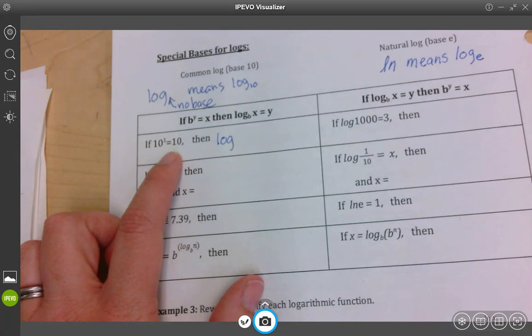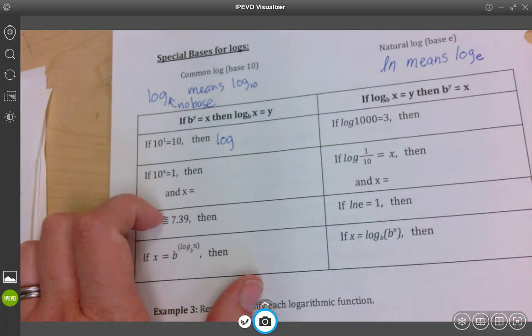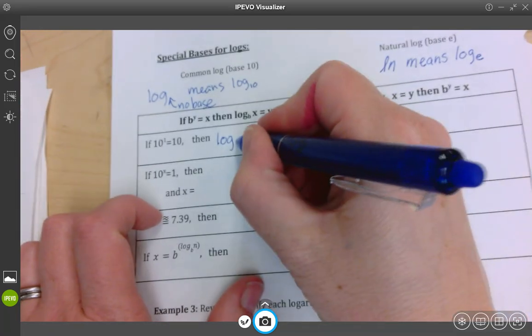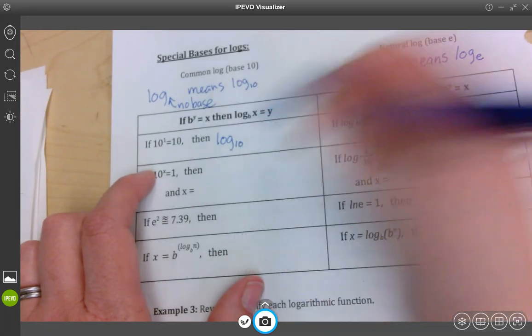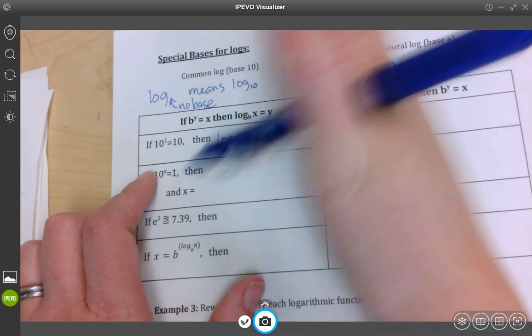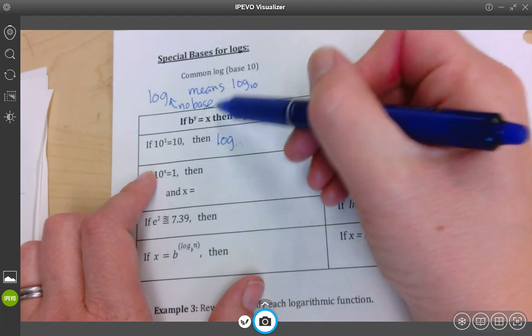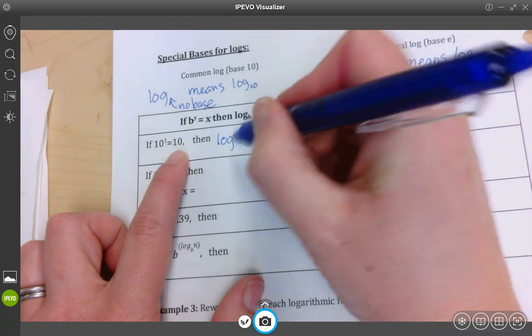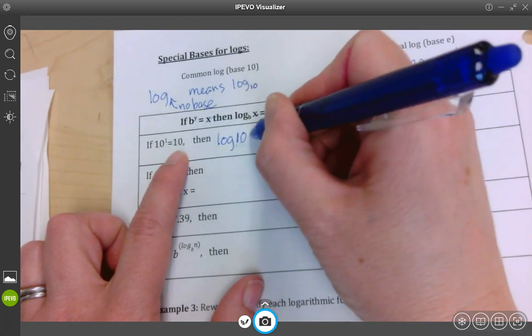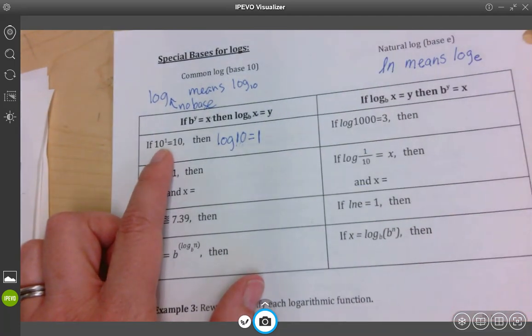No, that's weird, right? So log base 10. You could even write it and then erase it if that messes with your head. So log, the base is 10, but then we erase it because you don't write it when it's log base 10. And then we put the x, the argument, which is this 10. And that's going to equal your exponent 1. So log of 10 equals 1.